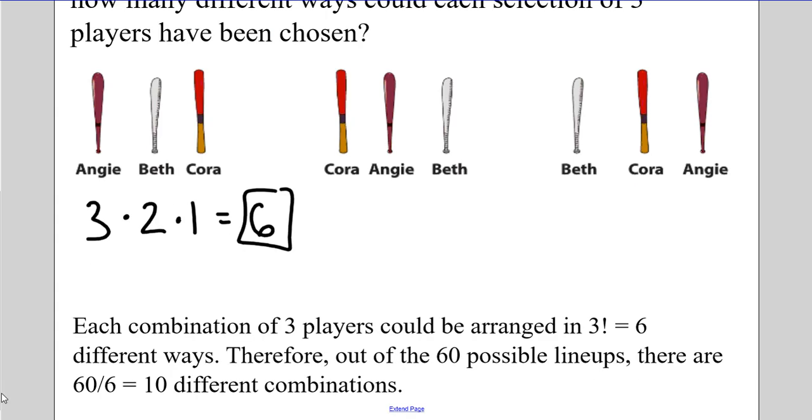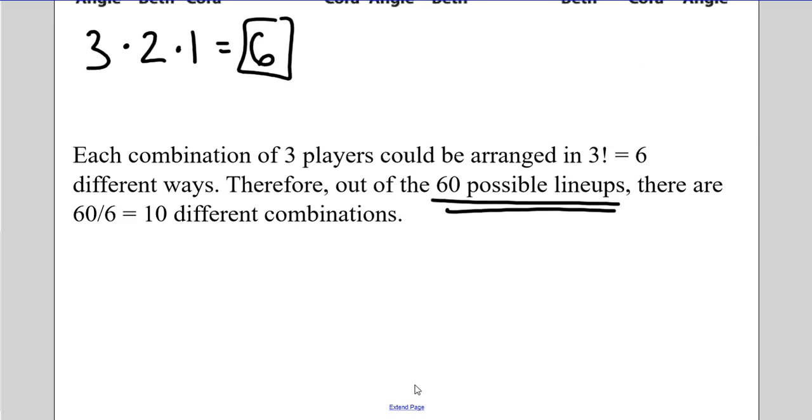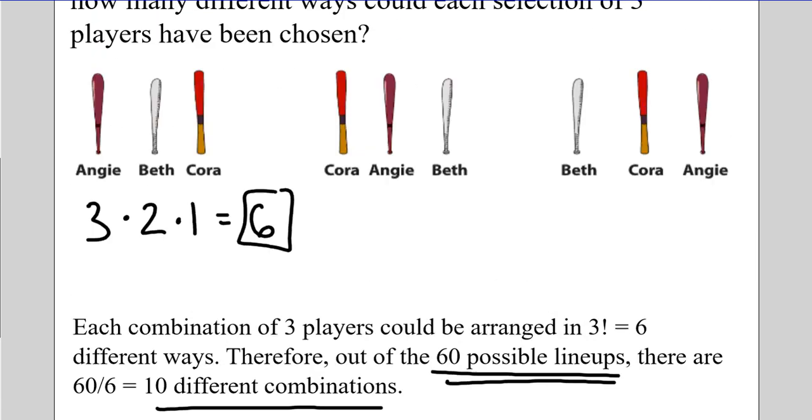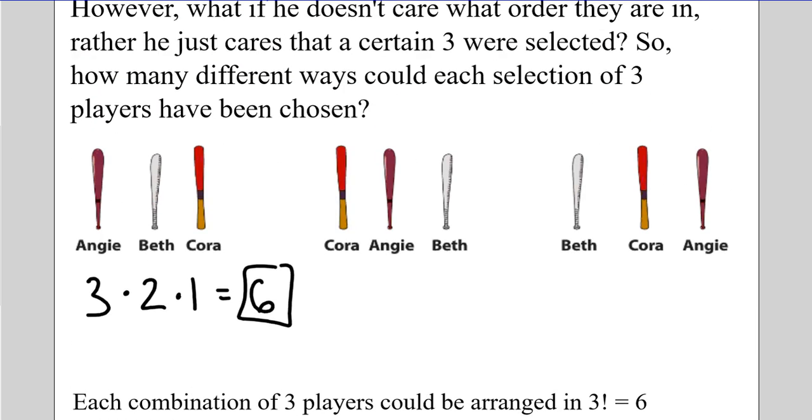So each combination of the 3 players that are chosen can be rearranged in 3 factorial, or 6 different ways. Therefore, out of the 60 possible original lineups, there are now only going to be 60 divided by 6, 10 different combinations if the order isn't important, just that they were selected. So we overcounted if order is no longer important.